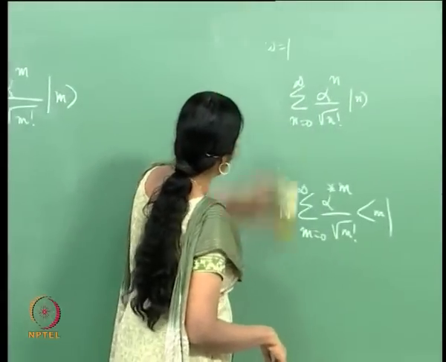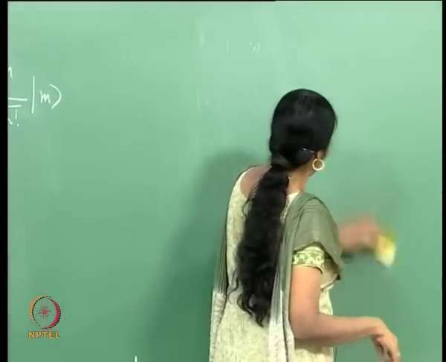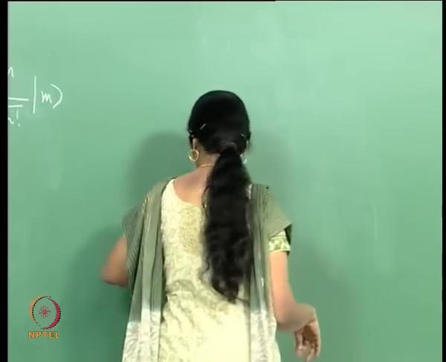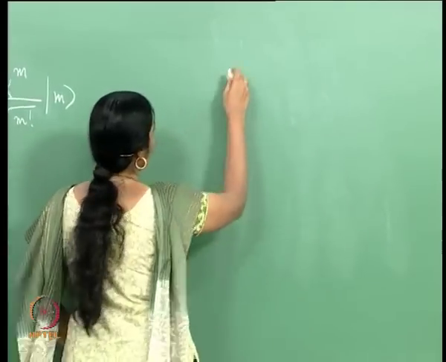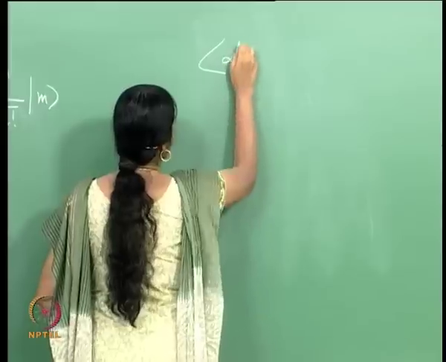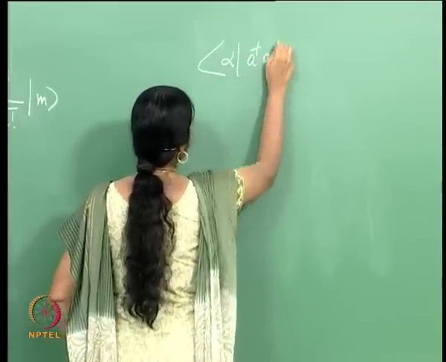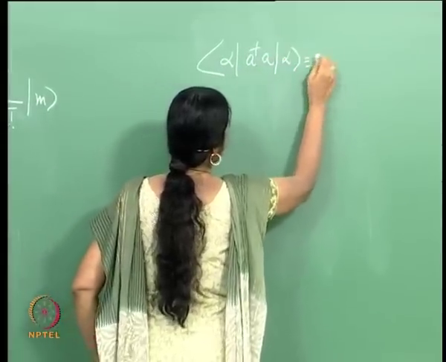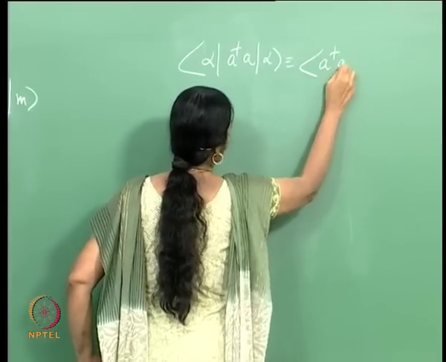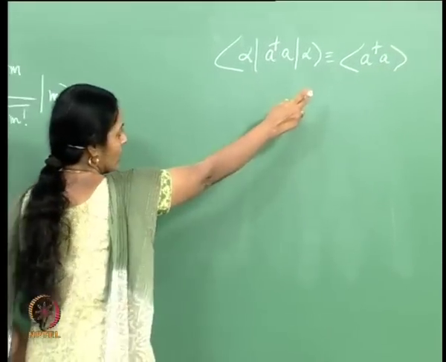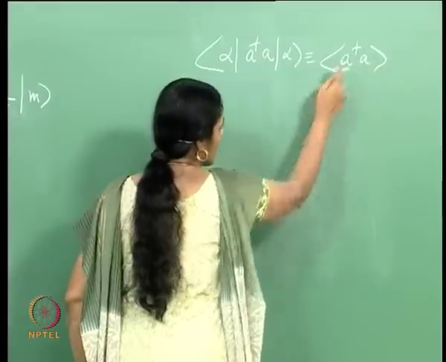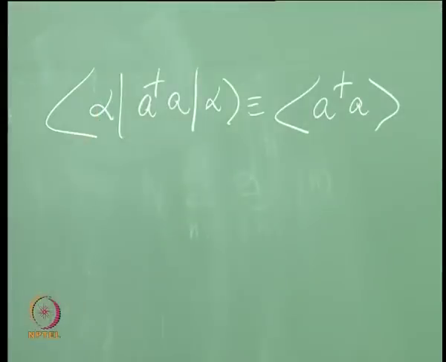For instance, I could find out the mean photon number in this state. This is identical in my notation to an object A dagger A within this bracket. So, what is the mean photon number in the state alpha?